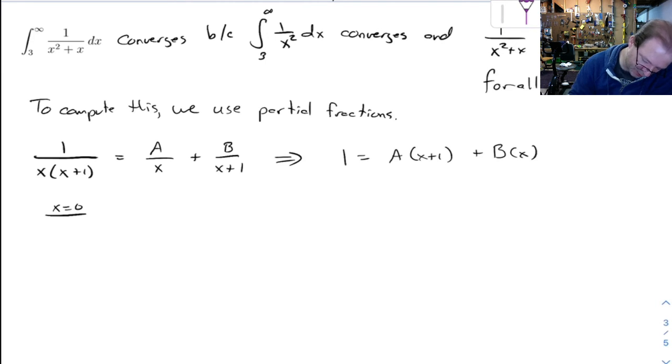So if you plug in x equals 0, you get 1 equals a. And if you plug in x equals -1, you get 1 equals negative b. So b is -1. So we can rewrite our integral as the integral from 3 to infinity of 1 over x minus 1 over x plus 1.